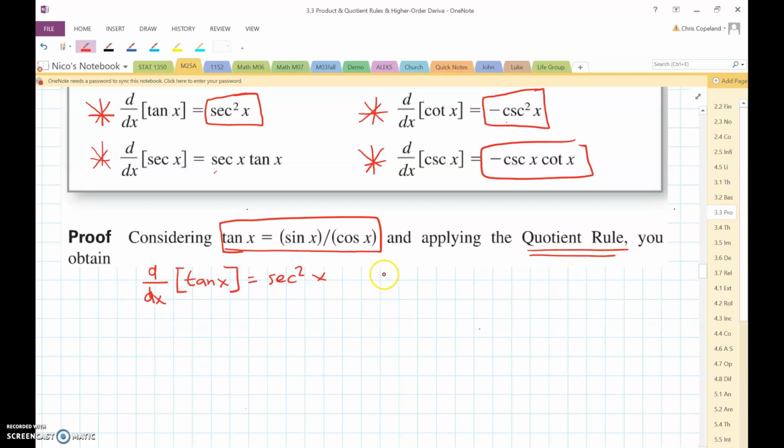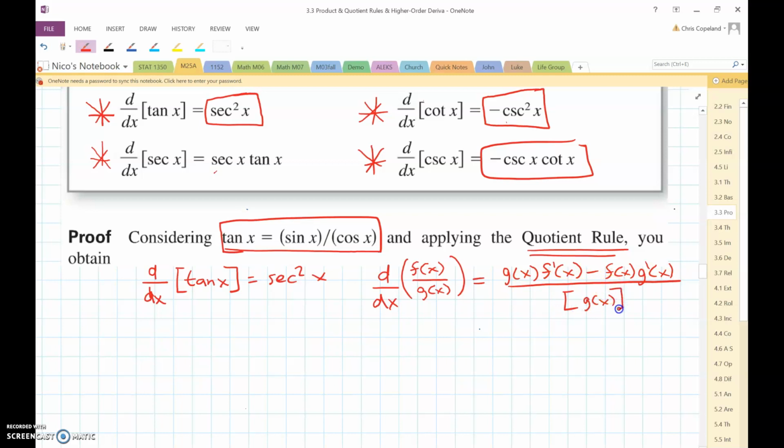So remember the quotient rule, the derivative of f of x divided by g of x with respect to x is equal to g of x times f prime of x minus f of x times g prime of x, and all of that is over g of x squared.